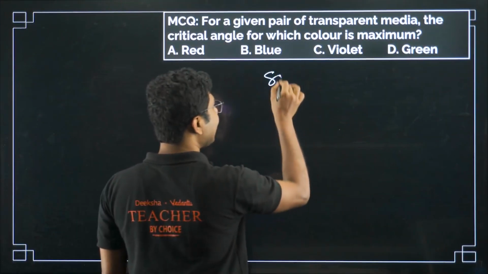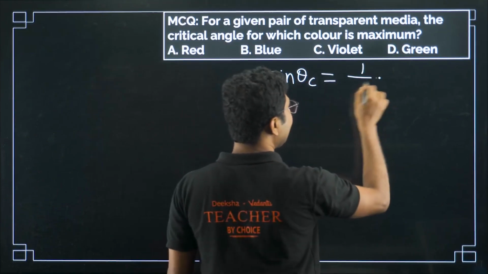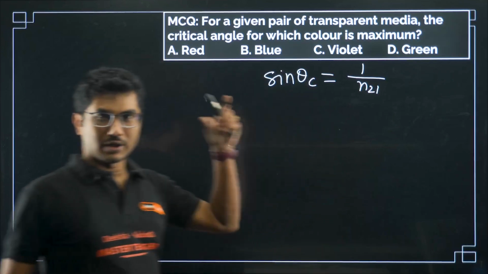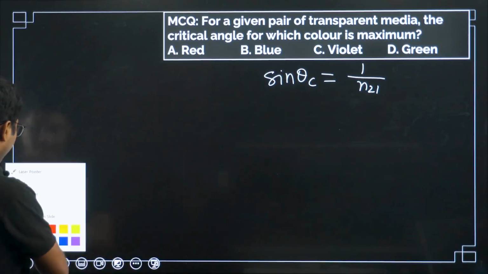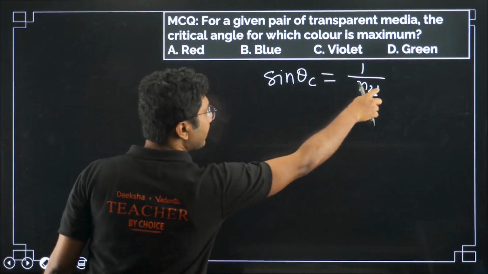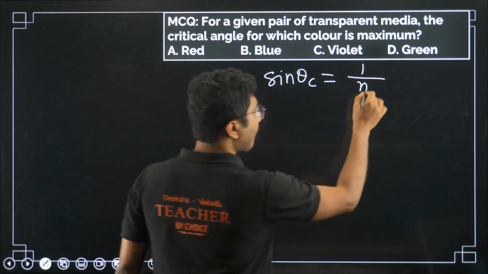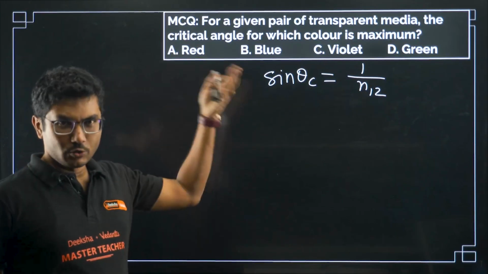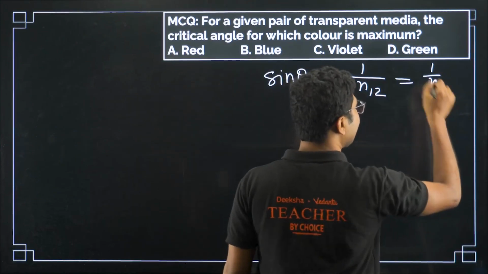Critical angle: sin theta c is 1 by n_2 to 1, not n_1 to 2. Always use this formula, because n_1 to 2 is greater than 1. Generally you can consider the first medium to be vacuum, so it will be simply 1 by n.